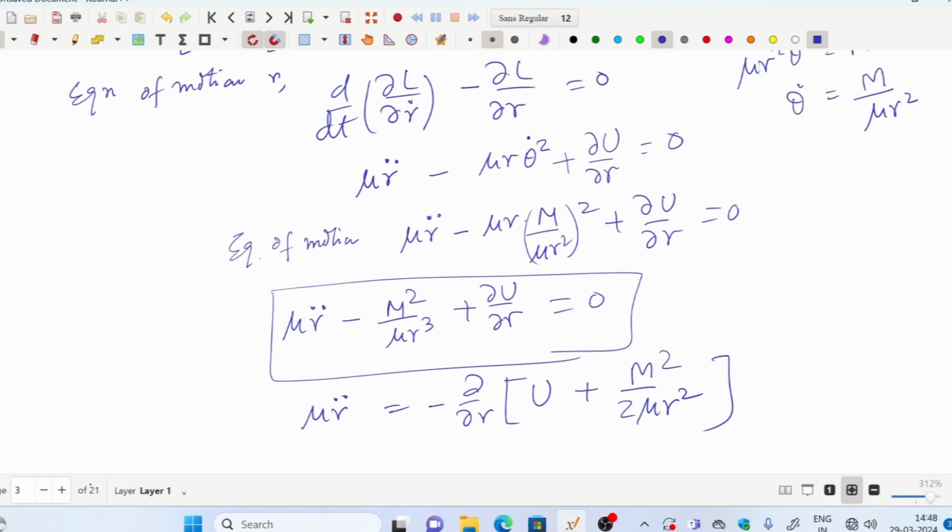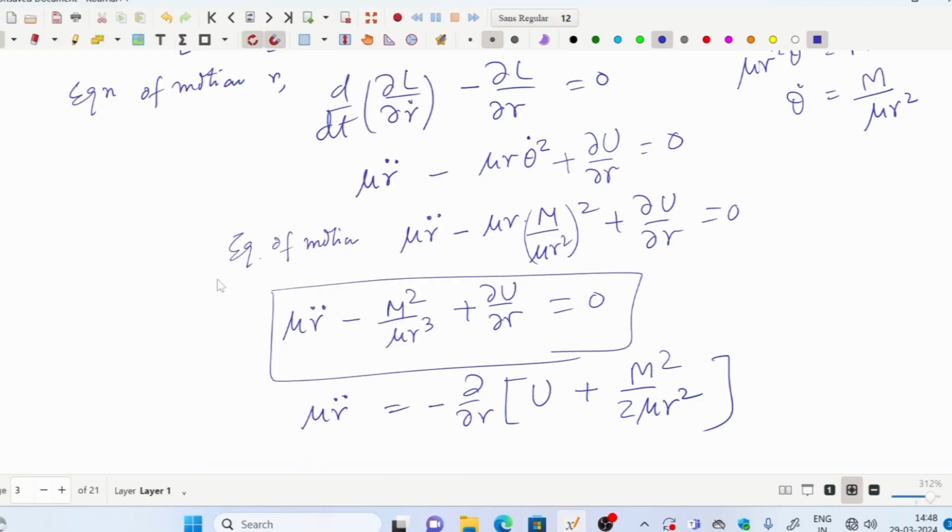Because if we differentiate this term, it will be minus 2 by r cube. So, that will give you the m square, and the 2 and 2 get cancelled, minus minus becomes plus sign.